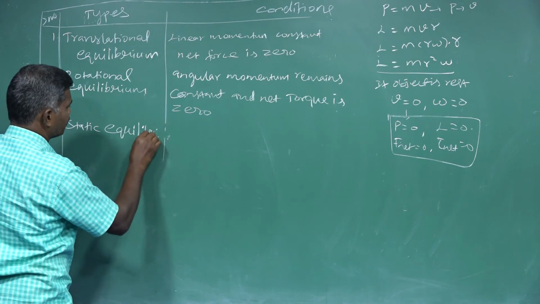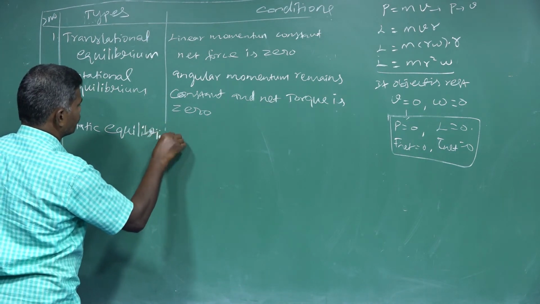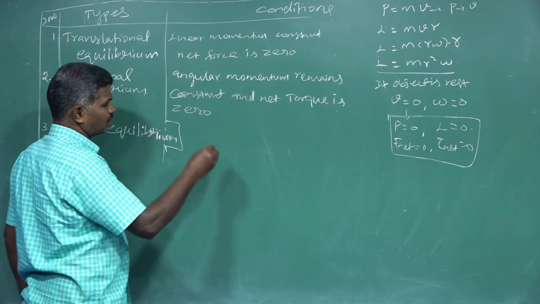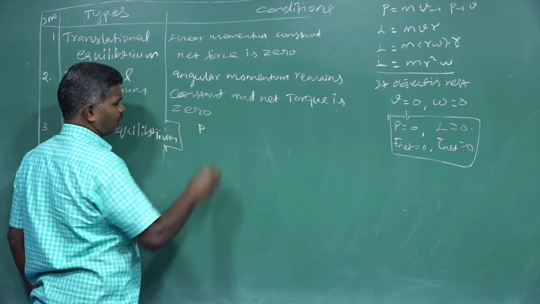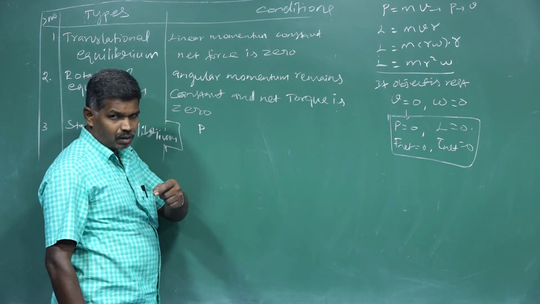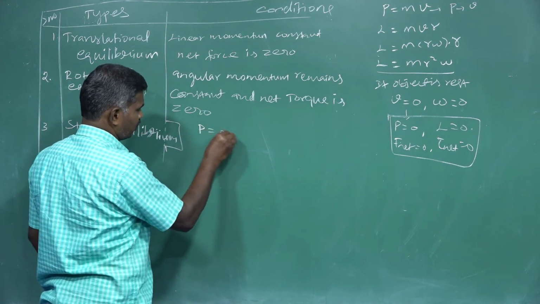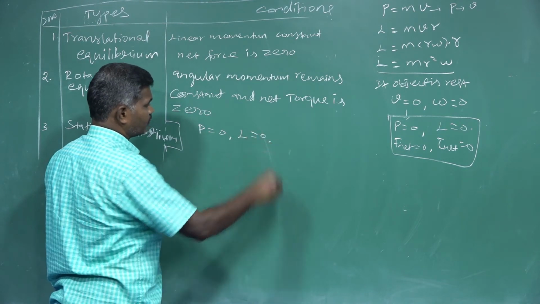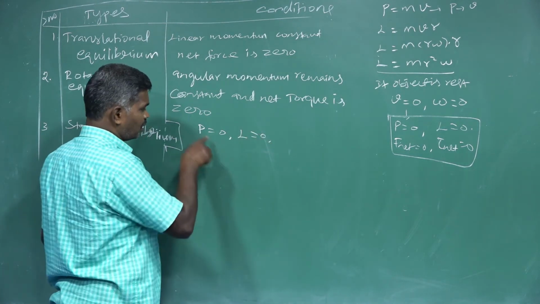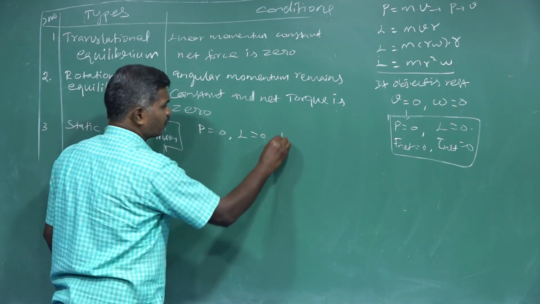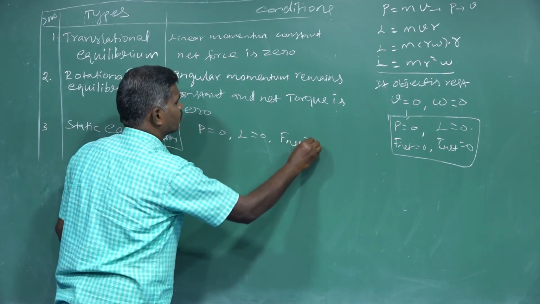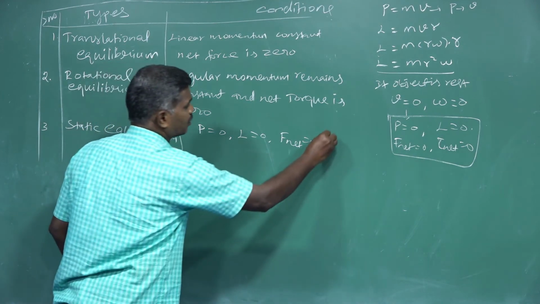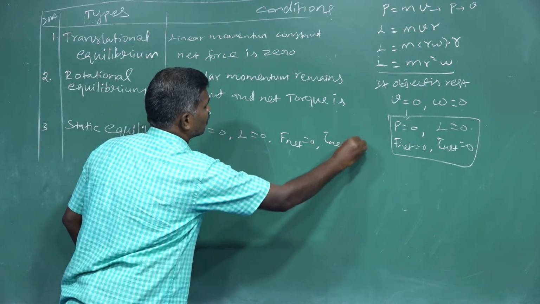Static equilibrium: what are the factors? P, the linear momentum, is equal to 0. Next, L, the angular momentum, is 0. If P is 0, F net is 0. If L is 0, the net torque is also 0.